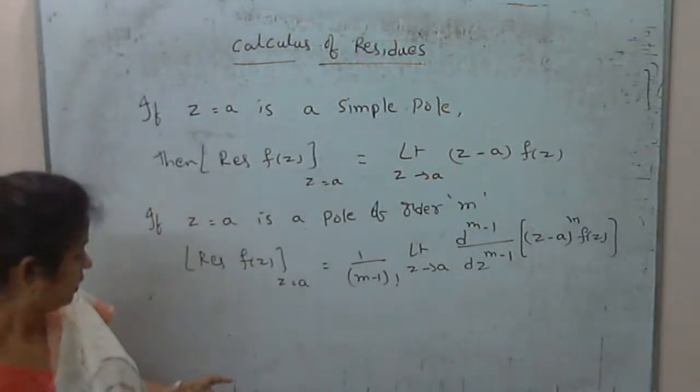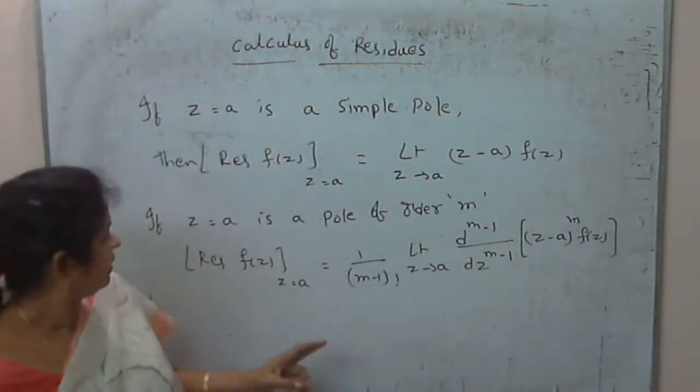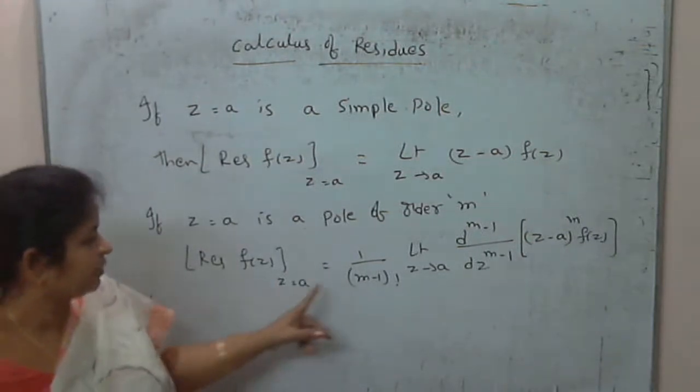So, if z equal to a is a pole of order m, then we can calculate the residue of f of z using this formula.